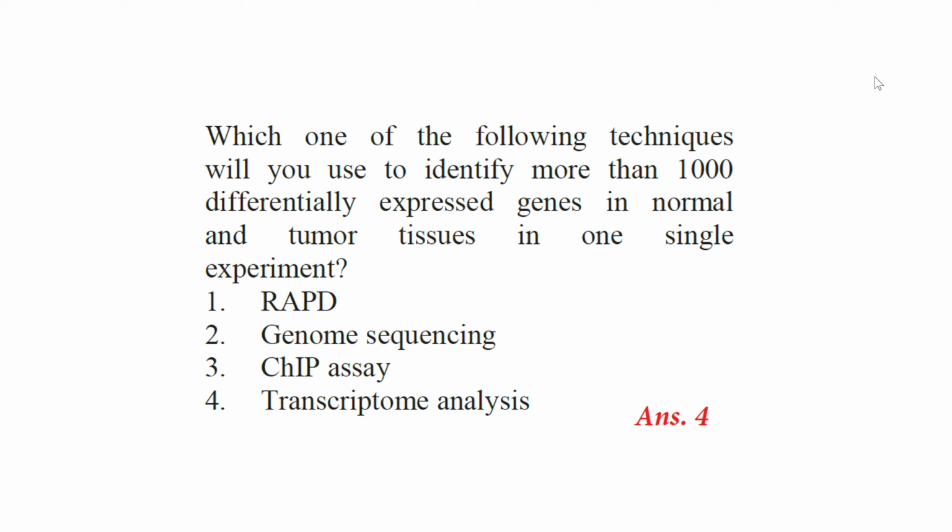Here you can see that the question mentions identifying more than 1000 differentially expressed genes. In that case, transcriptome analysis, that is RNA analysis, actually the RNA sequencing technique. So option 4 is the right answer.